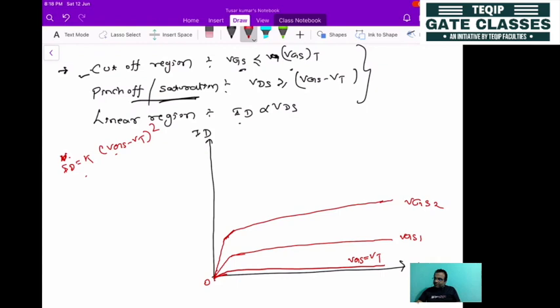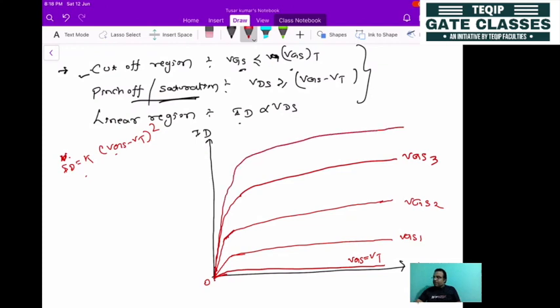Then if you increase the VGS value further and vary the VDS, you will get another region, corresponding to VGS3. Again, further varying the VDS, it will follow this path and reach VGS4.